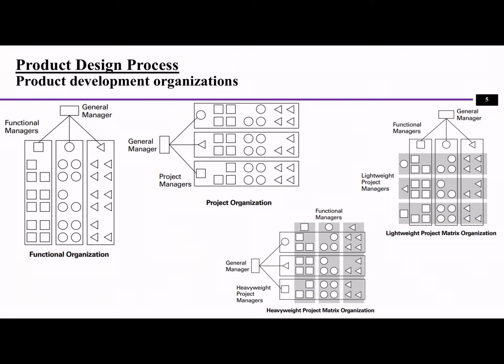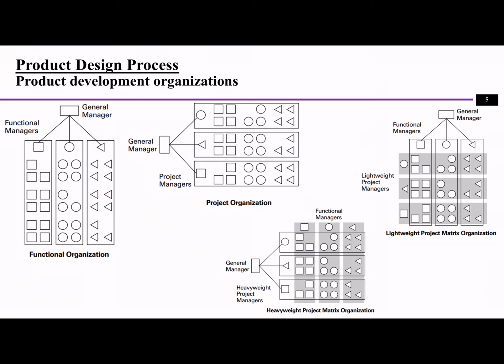This kind of functional organization has pros and cons. The cons are that if there's a project, it requires a lot of communication and coordination between functional managers. Sometimes it can be a waste of resources, energy and time to do those coordinations and communications. Well, another type is the project organization.